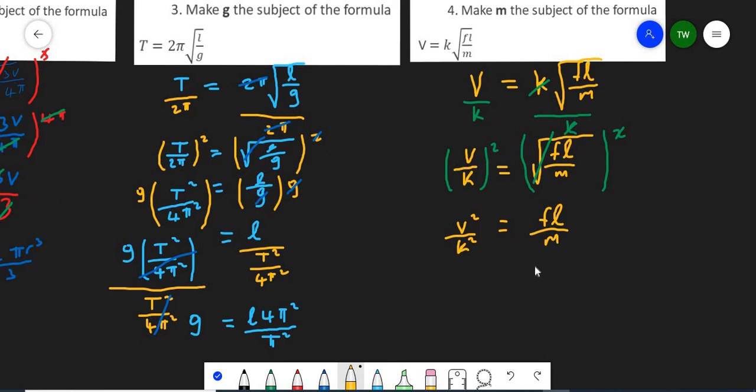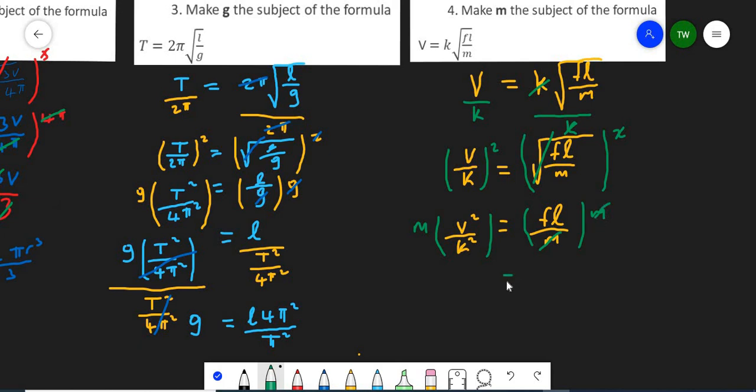Alright. Now we realize again that the subject that we want is in the denominator. And we know that the subject cannot be in the denominator. So how can we get it in the numerator? It's just to multiply both sides by M. So we're going to multiply this side by M, and we're going to multiply this side by M. When we multiply both sides by M, M in the denominator here will cancel out M in the numerator.